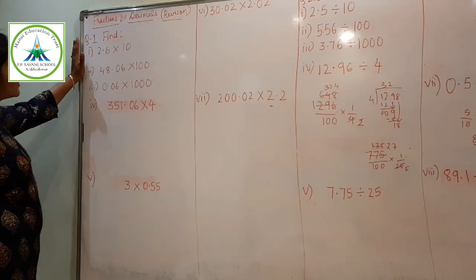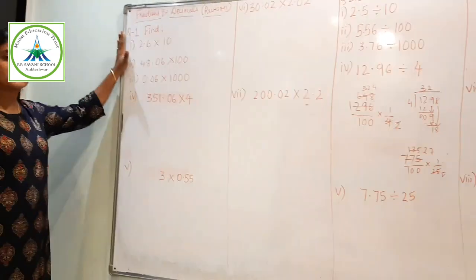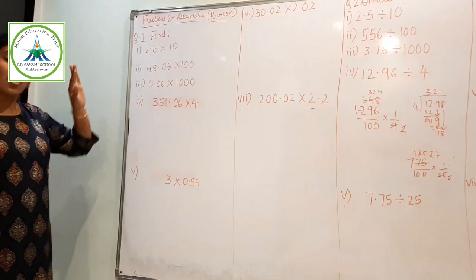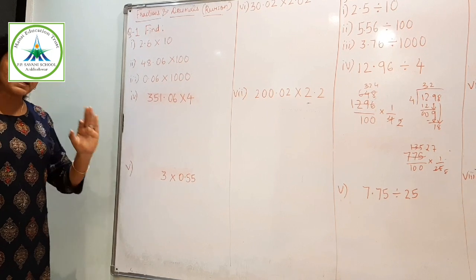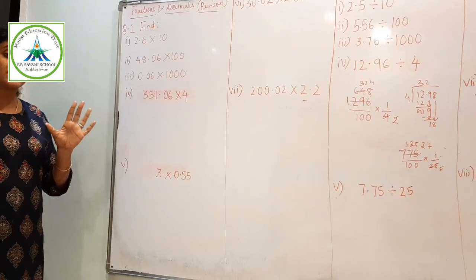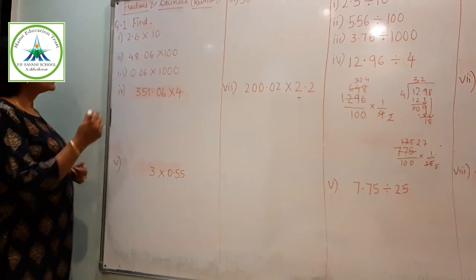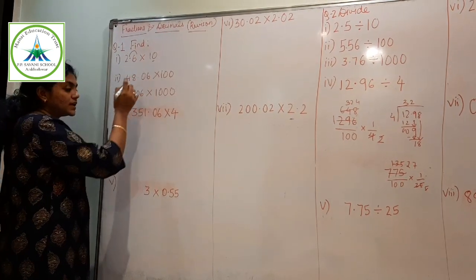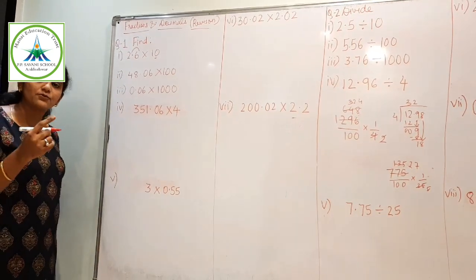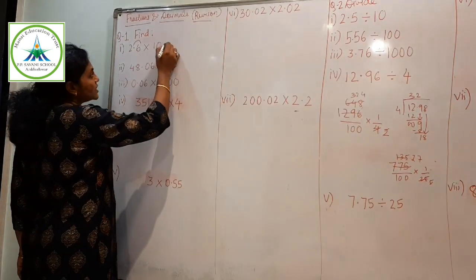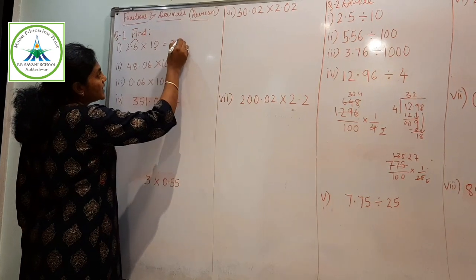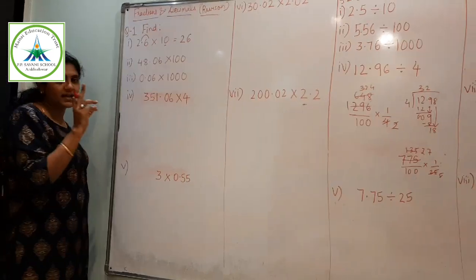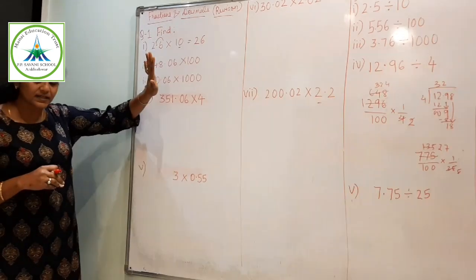When you multiply any decimal number with 10, 100, 1000, always the point is shifted to the right. Now there is one 0, so to one place only the point will be shifting to the right. Here I have taken the example 2.6 multiplied by 10.